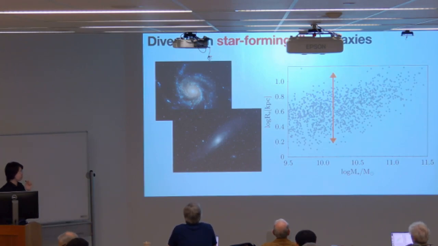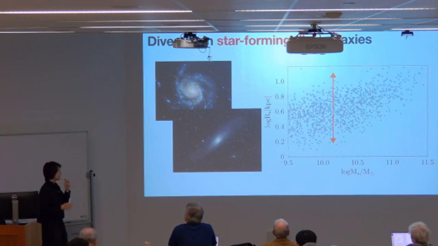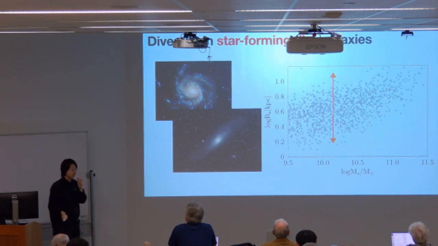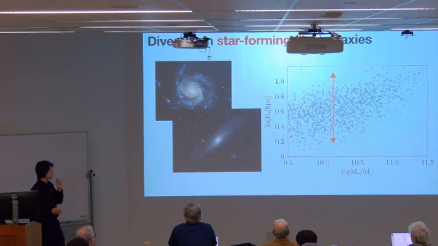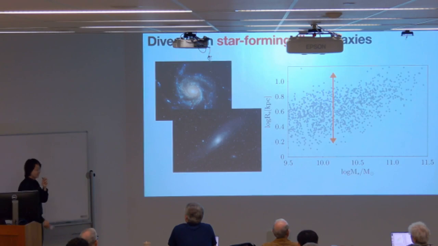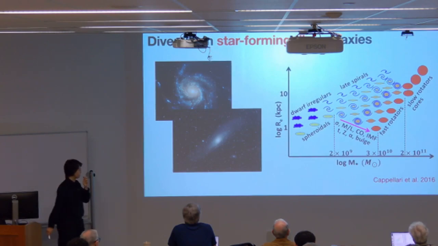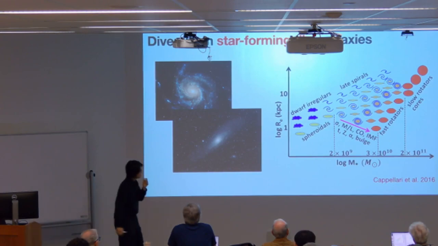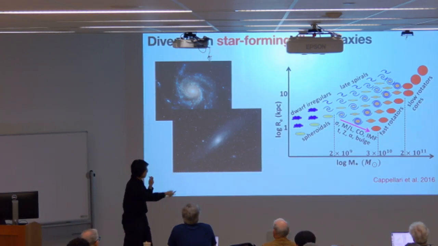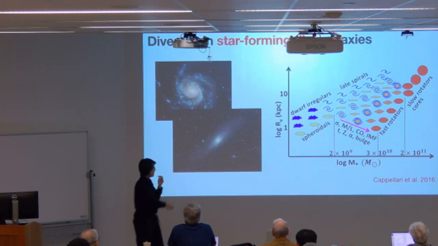Lots of people have done work about the correlations between galaxy size and other galaxy properties, and people have made a lot of effort to interpret possible evolutionary tracks on this. A theoretical view can be seen and summarized in this figure, from Capillary 2016, where you can see the galaxy morphology and also the age and mass-to-light ratio changing along galaxy size at a fixed mass.